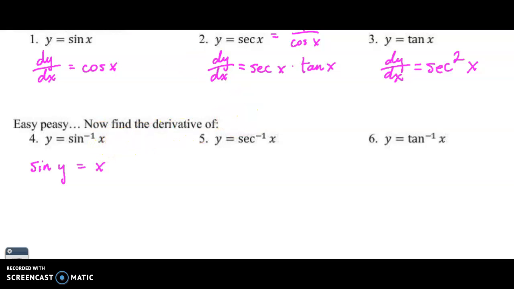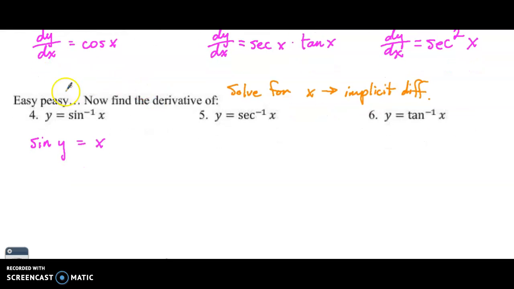So kind of just jotting down some notes here. And then implicit differentiation. Otherwise, you can memorize these rules. I'm not saying you can't memorize things. It's your choice.